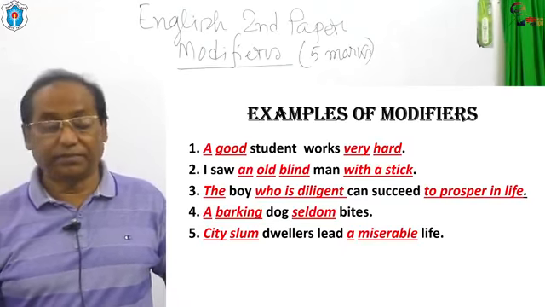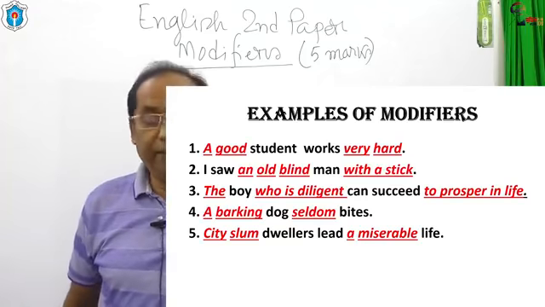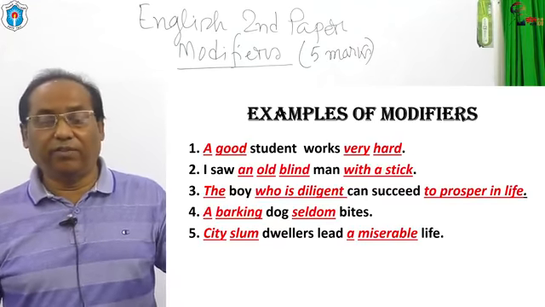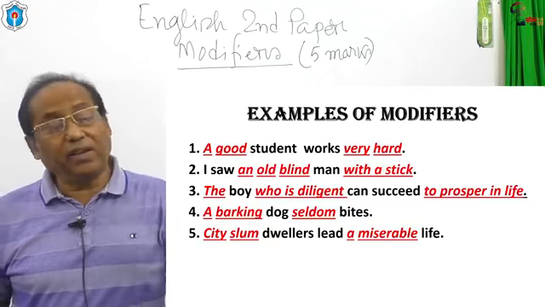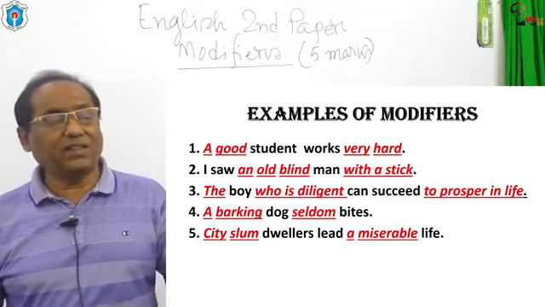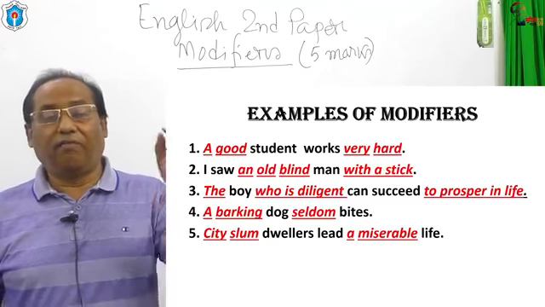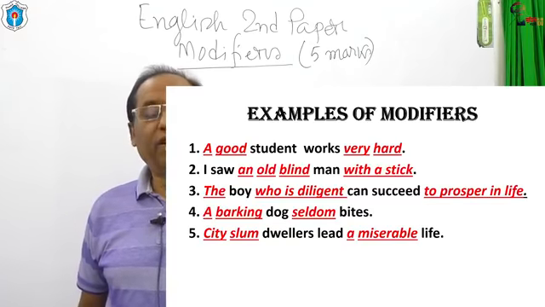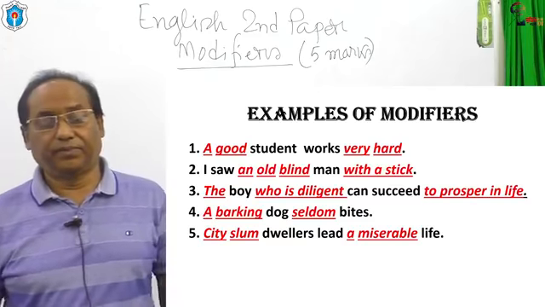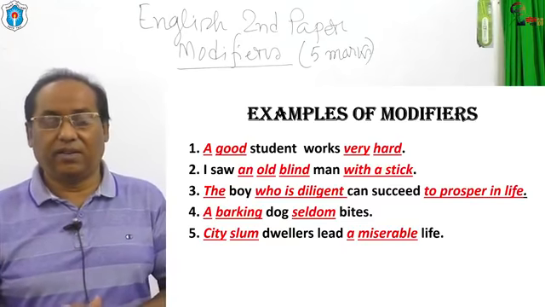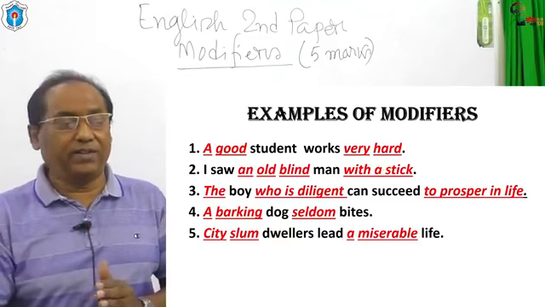Okay? Then very. Very is another adverb. It is also a modifier. What does it modify? Very modifies the adverb hard. How hard? Very hard. Very modifies hard.